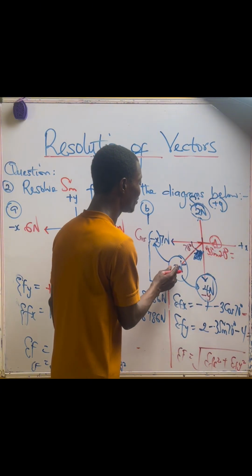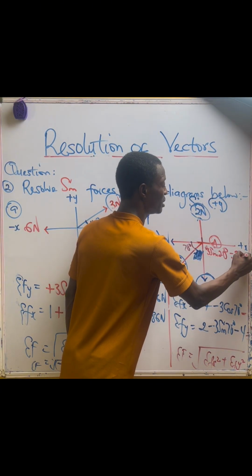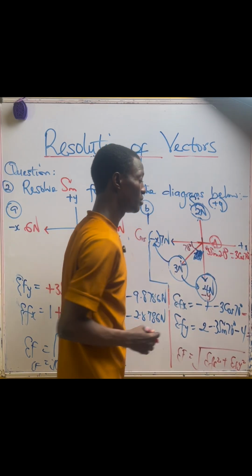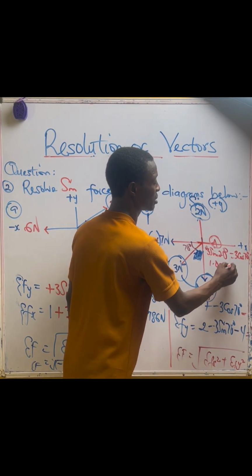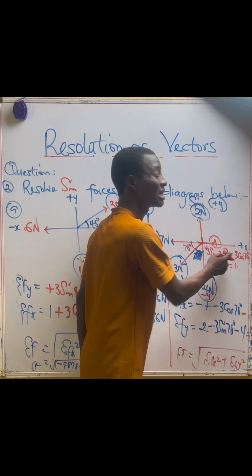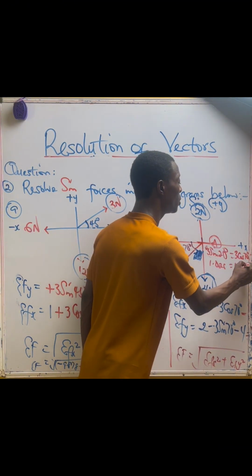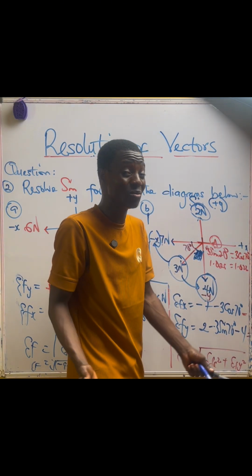You have 3 cos 70 degrees. Both students are still going to get the same value, 1.026. By the time they press it on the calculator, 3 cos 70 and 3 sine 20 will still give you the same value, which means that they are still doing the same thing.